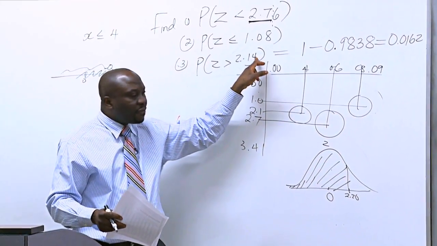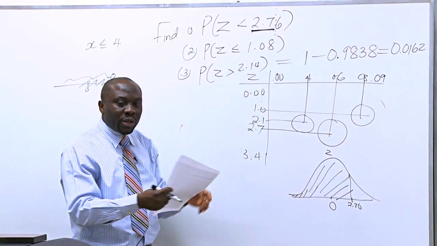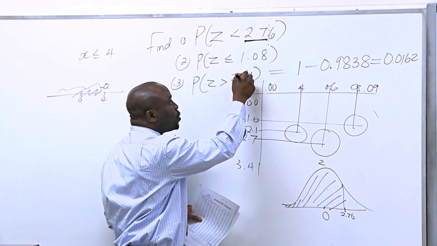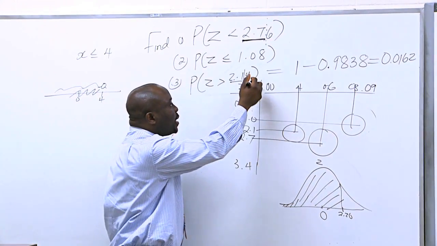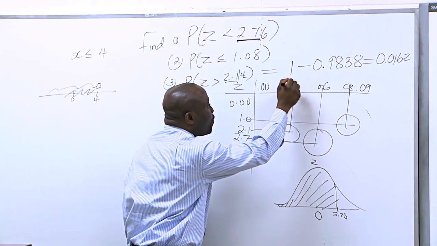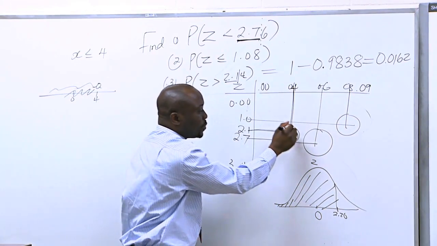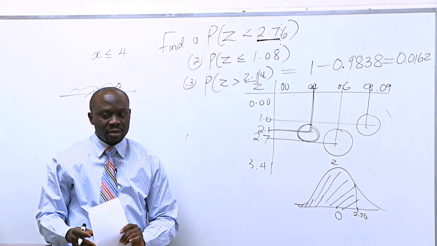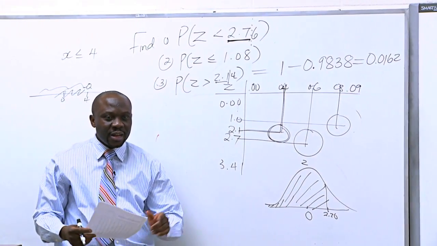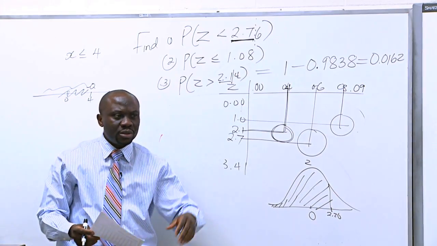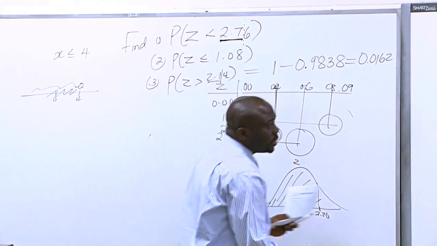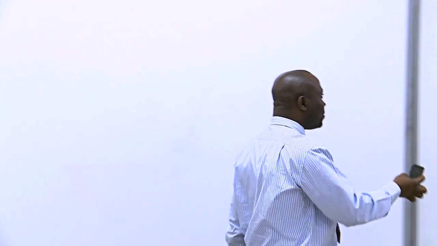It's 2.14, so what you do, you split this into 2.1 in the first column, and then the 4 is over there, 04. Everybody okay? Let's continue with your examples. Let me know when you are comfortable, then I'll stop.